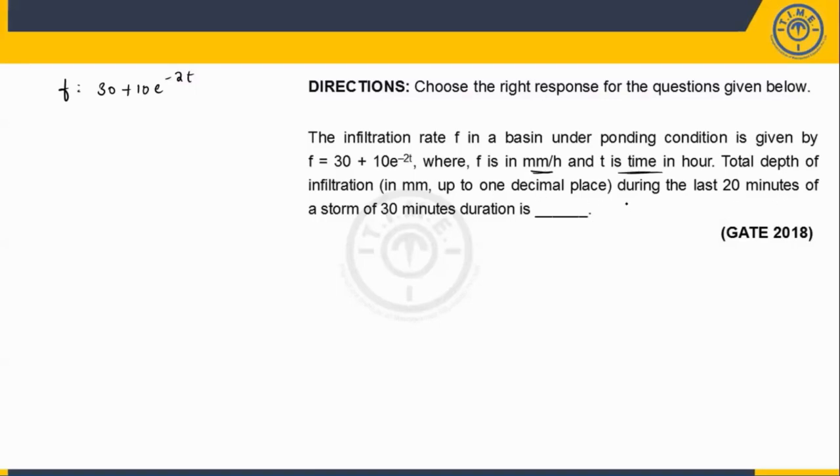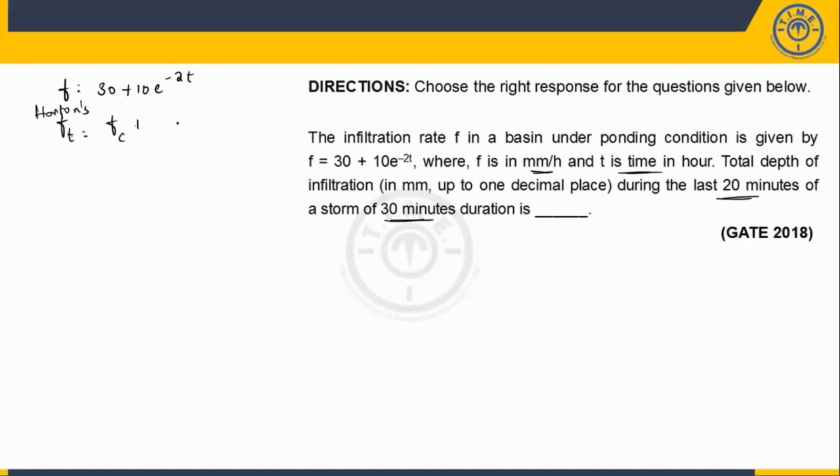The total depth of infiltration during the last 20 minutes of a storm of 30-minute duration is how much? Now, this is nothing but a form of Horton's infiltration equation. That's given by the formula actually.